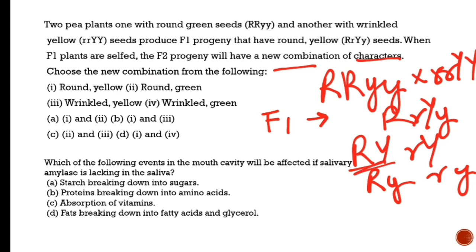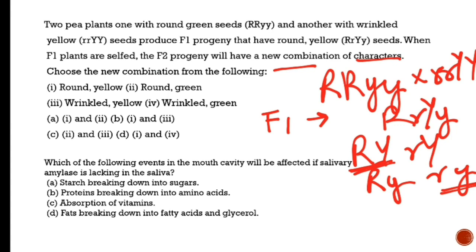The parents are round green and wrinkled yellow. Whereas the new combinations that are different from the parents are round yellow and wrinkled green. So you will be writing round yellow and wrinkled green.